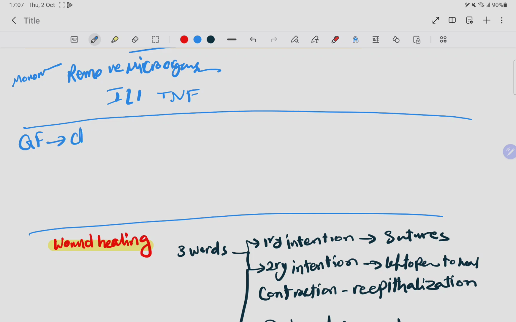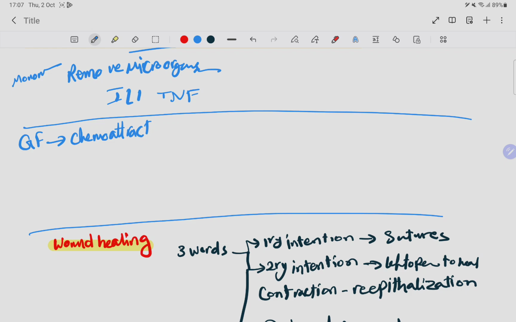It acts as a chemoattractant. This means that when there is any body that is strange to the body, it acts like a call for help: there is something here, and they try to remove it.